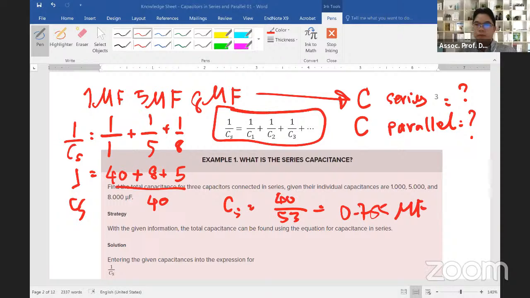We will not wait for series and parallel separately, but you have to answer both, like C series equals, and then C parallel equals. So you have to answer like this.